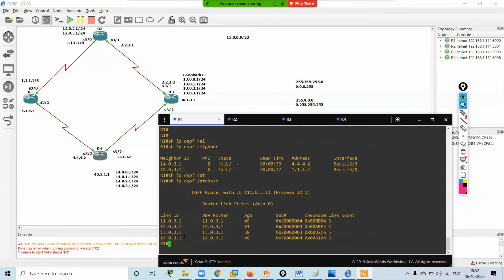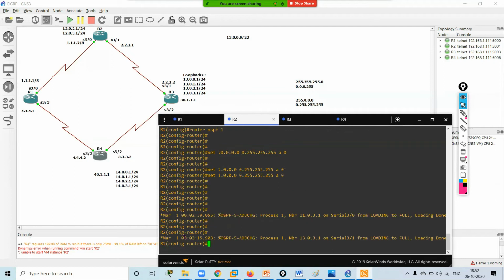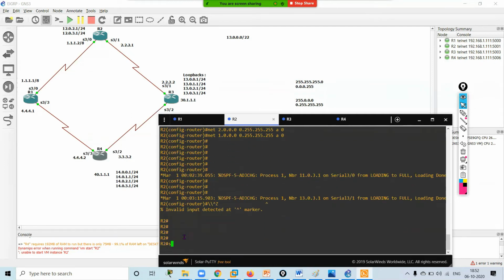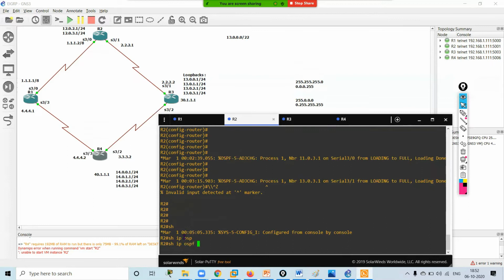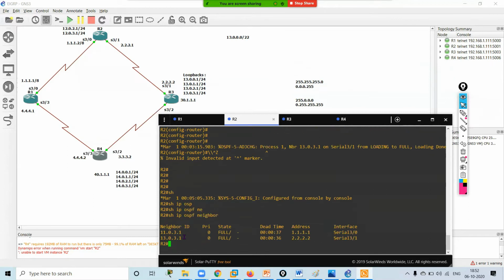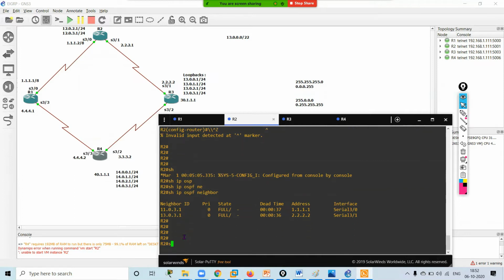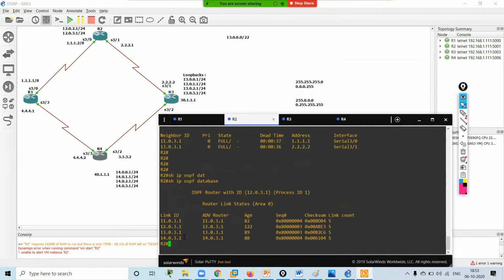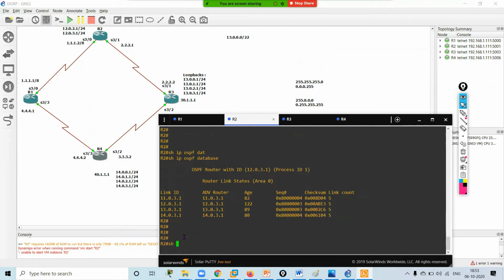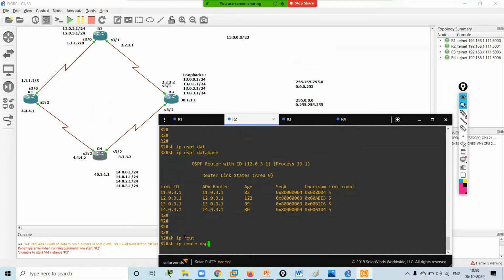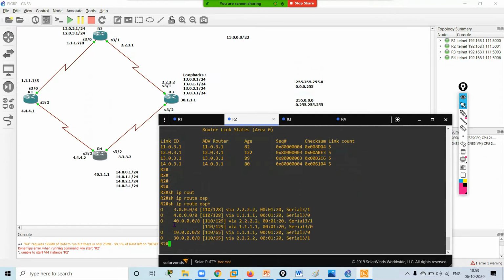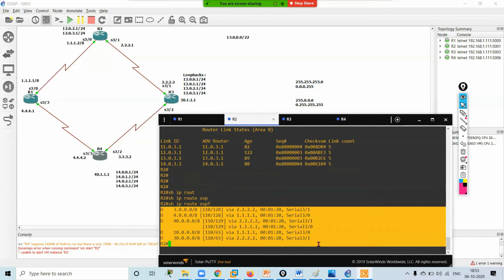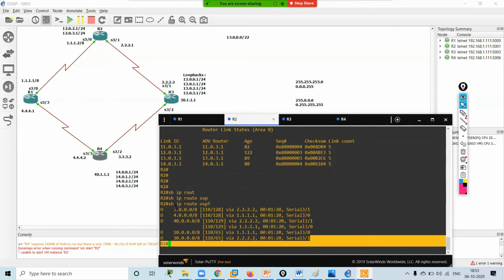All the router IDs, all the neighbors, and here I'll have show ip ospf neighbor. See, on R2 I have 11 and 13 as my neighbors. Show ip ospf database, same database table over here, and show ip route ospf. I'll get the OSPF routes over here. Over here O routes means OSPF routes.